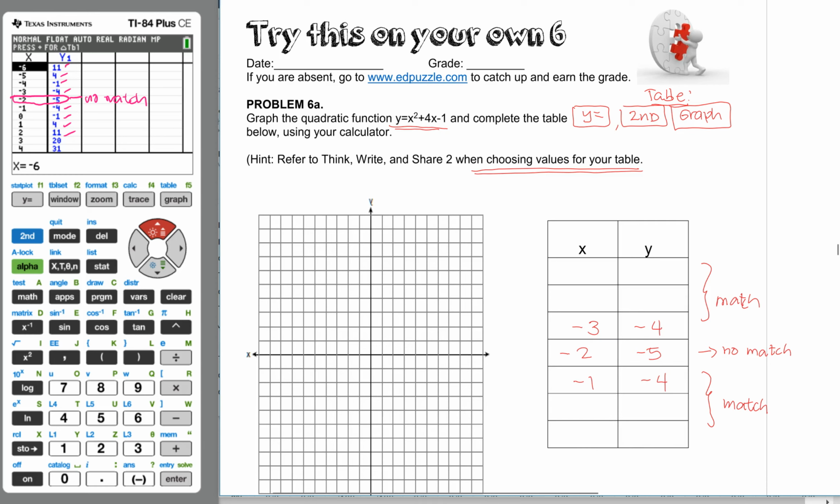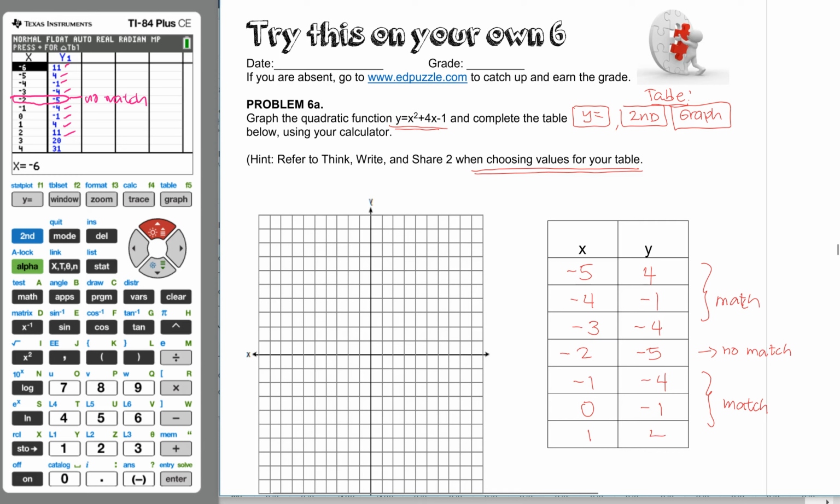And -4, -1 matches 0, -1. Then we have -5, 4, and the match is 1, 4.